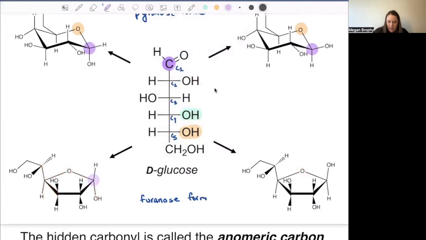So here is our anomeric carbon, or our C1. In both cases, this is still carbon 1. And with the pyranose forms, those are also carbon 1.